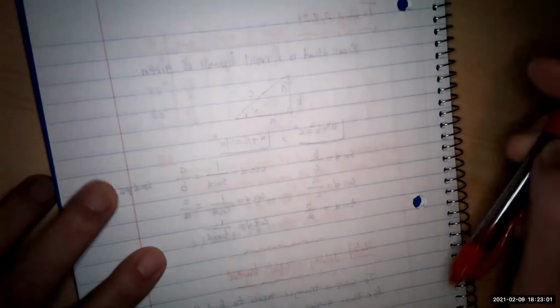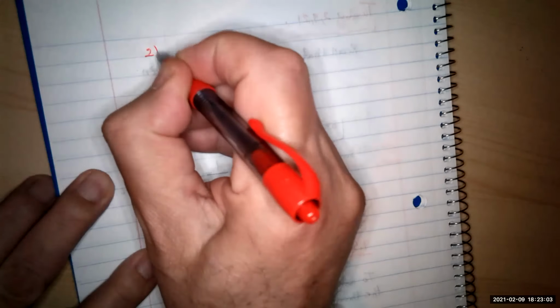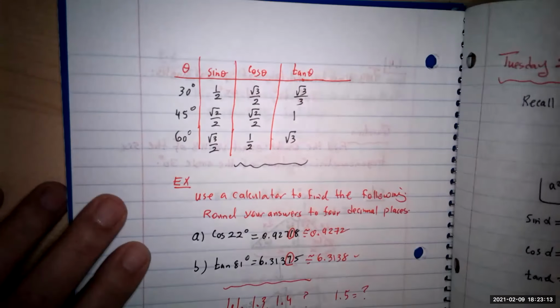So the other type is going to be this one. That was example number one; this is going to be number two. In example number two, two sides would be given to you, and you want to solve.